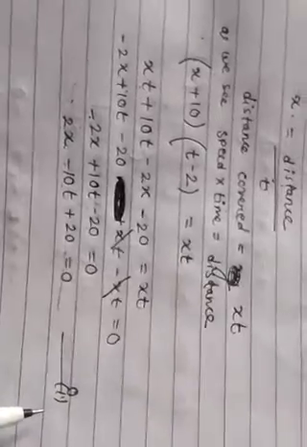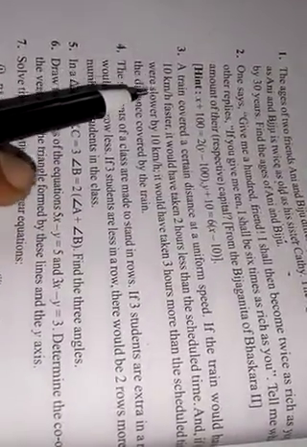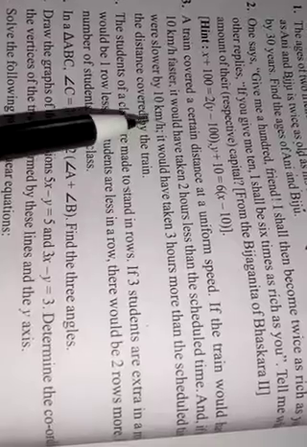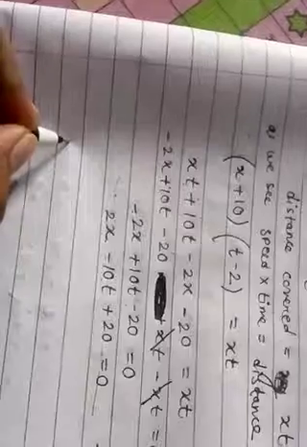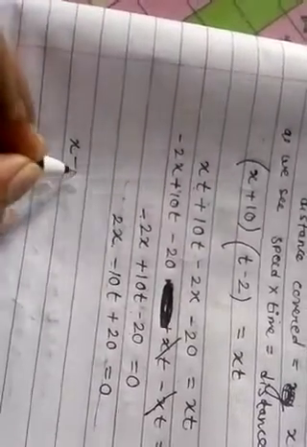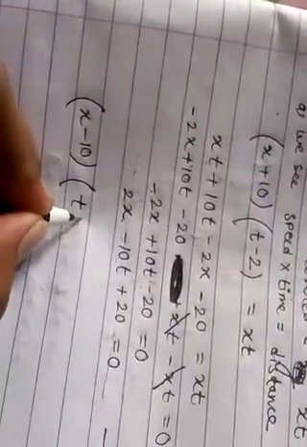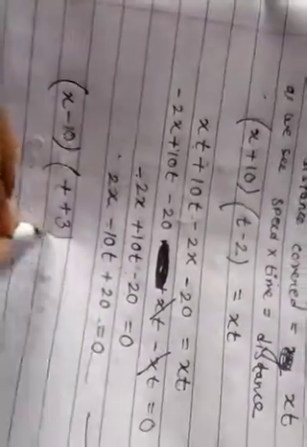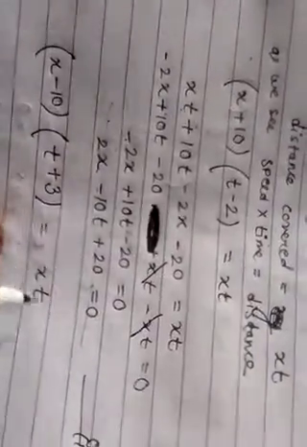Now according to the question, if the train was slower by 10 km per hour, then it would take 3 hours more. So x minus 10, the speed is slow and the time taken is 3 hours more, so t plus 3, and the distance is always equal, so it is xt.